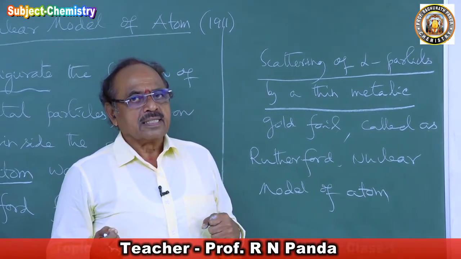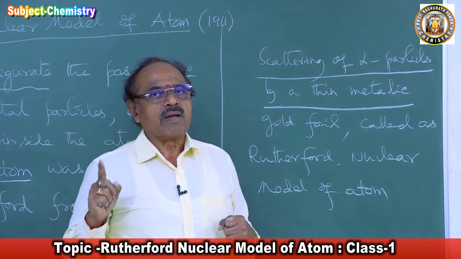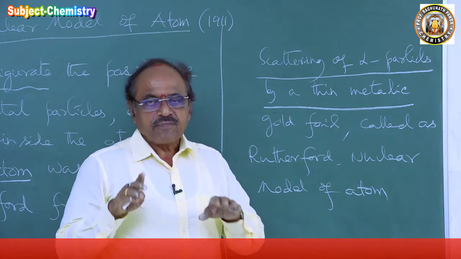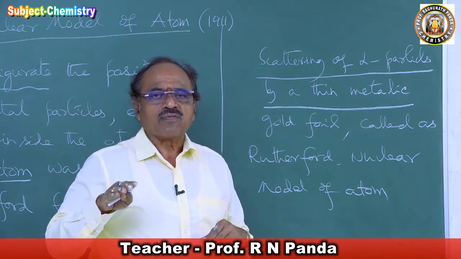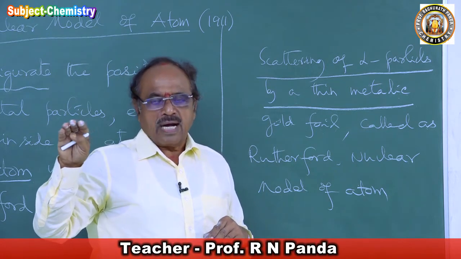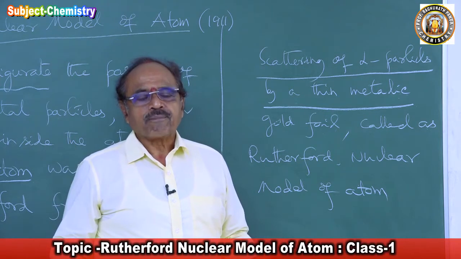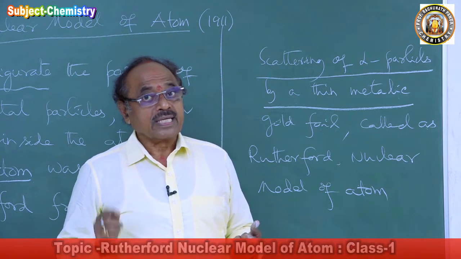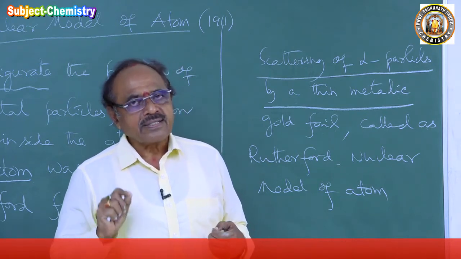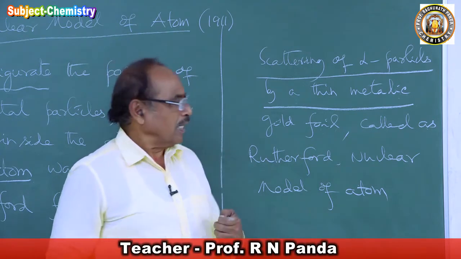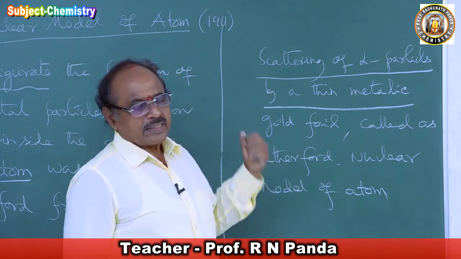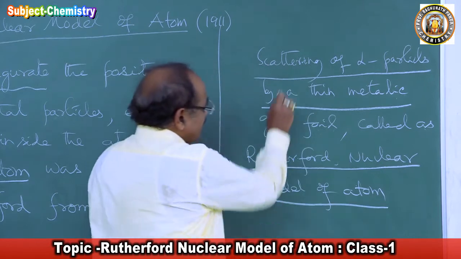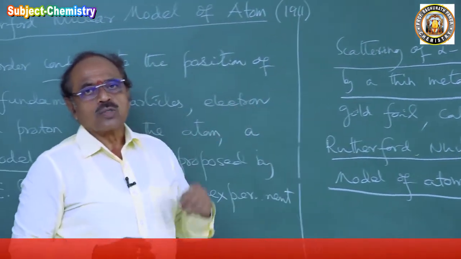I can say the world of science will remember this experiment for all time to come, because it was the first step in the ladder of the structure of the atom, explaining the electron and proton positions inside the atom. This is called the Rutherford nuclear model of the atom. So what is this scattering and what is this gold foil?